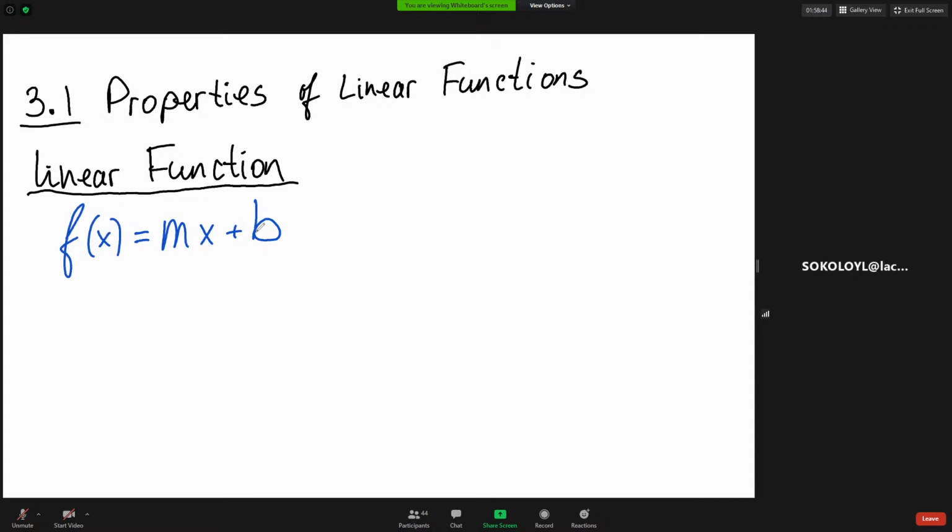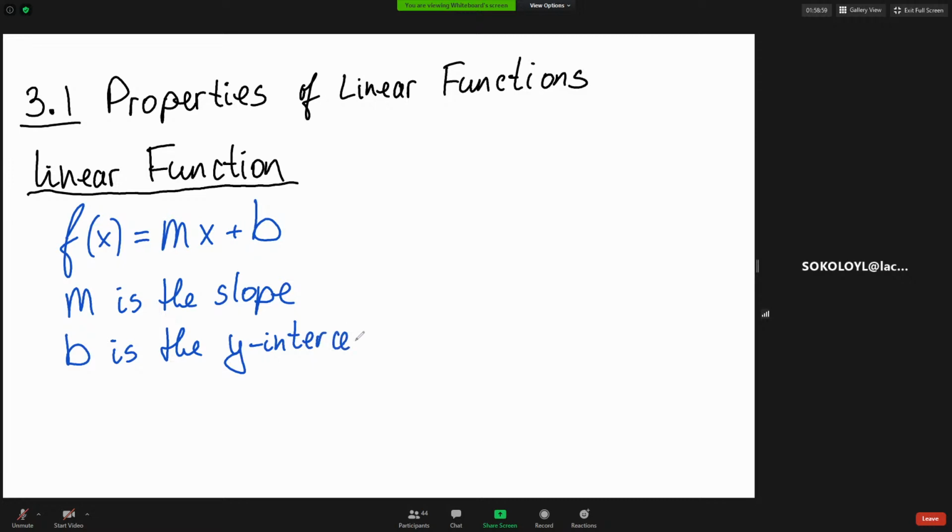So m represents the slope and b is the y-intercept, specifically the point 0, b.